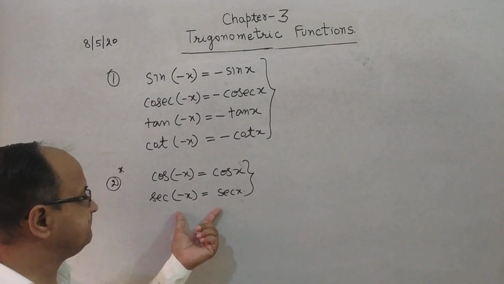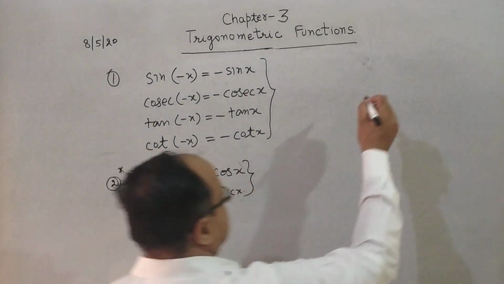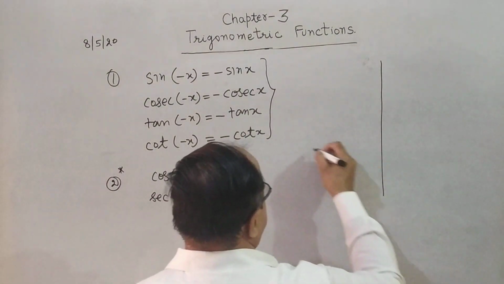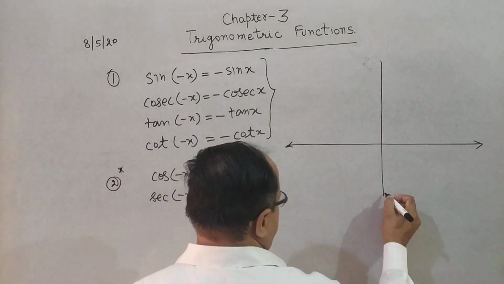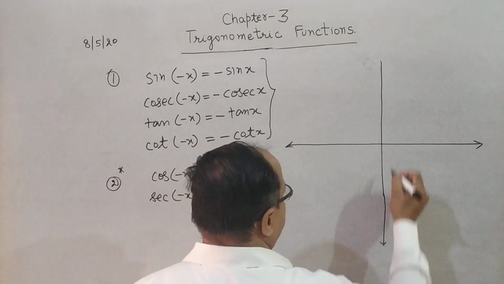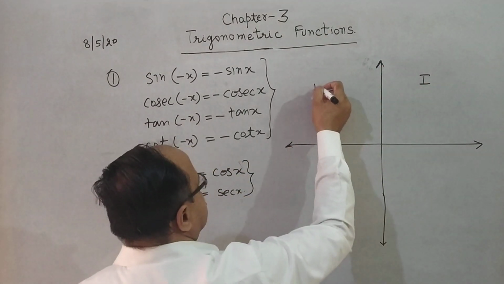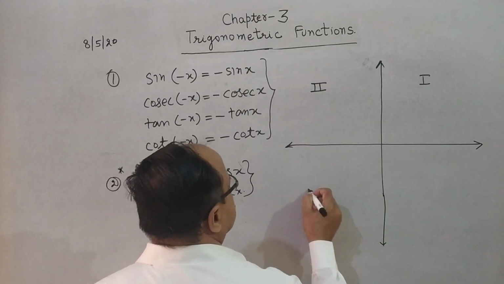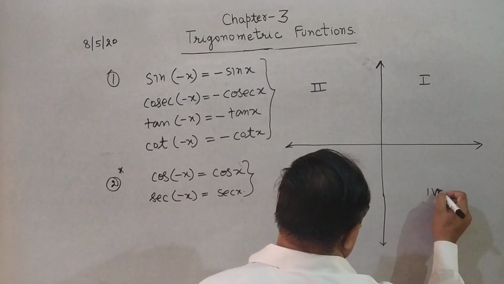That's why this will happen, because in that there are four quadrants: first quadrant, second quadrant, third quadrant, and fourth quadrant.